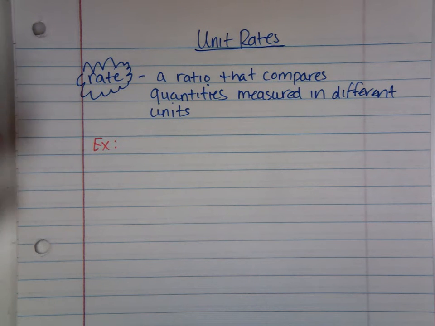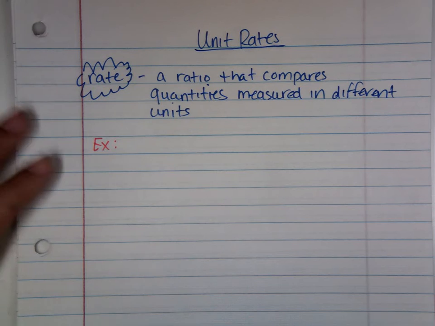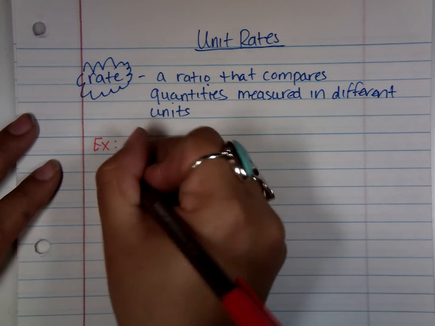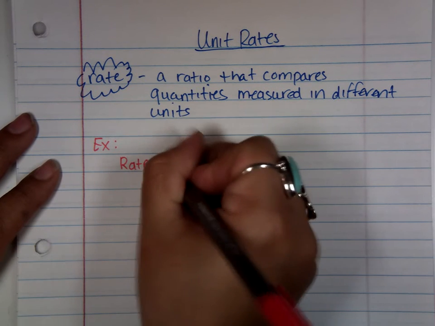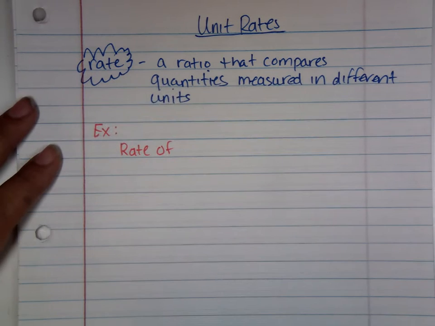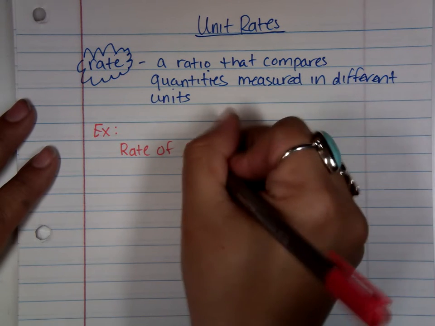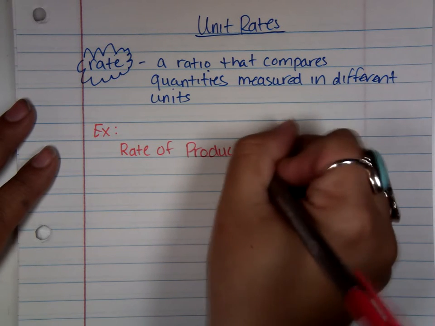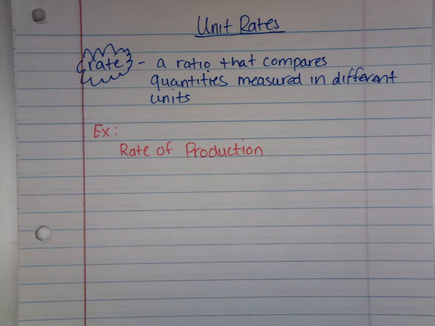one rate that we could talk about is rate of production. Production means that you are making something. So people who work in factories, or when you're doing something, you're talking about your rate of production. It's when you're making something.